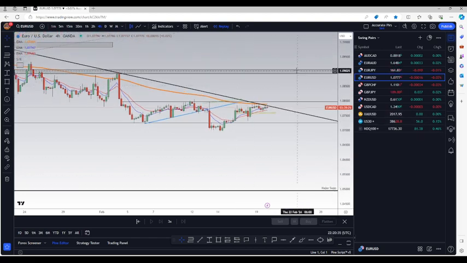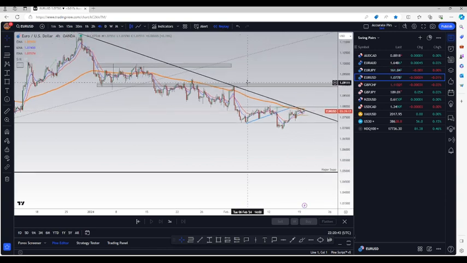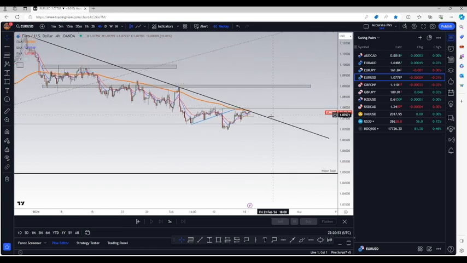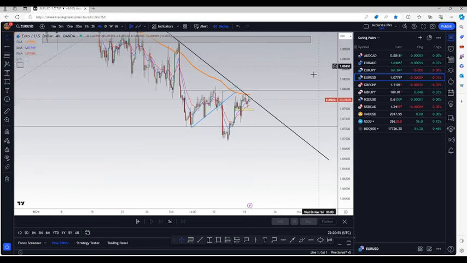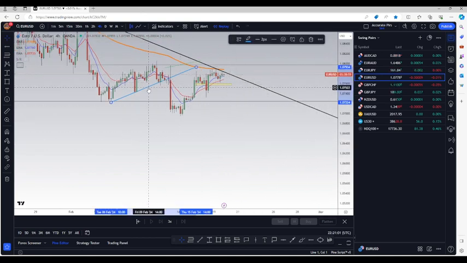I'm expecting price to make it up to that point B of that trend line. If the trend line breaks and we close above that resistance level, then yeah, I'm all in for a buy on Euro USD. But for now, we're just going to see if it respects that trend line.